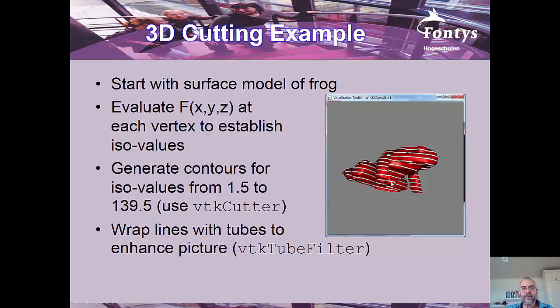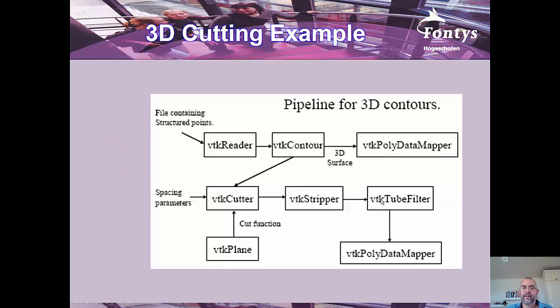And to make these lines better visible, we add a small tube around them. That's what this VTK tube filter does. The lines themselves would be very small and narrow, we could hardly see them. This VTK tube filter will make them a bit bigger so we can see them better. That's what's added here.